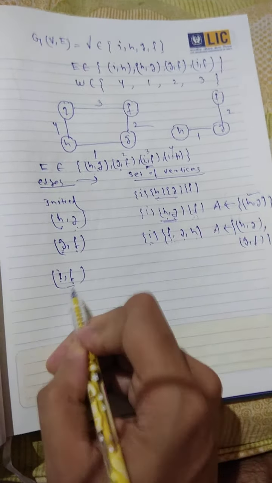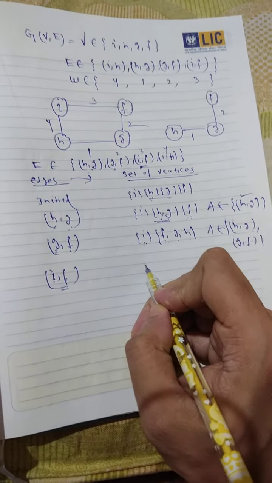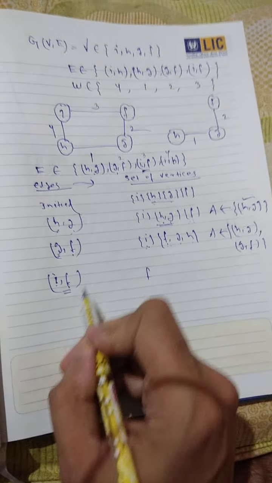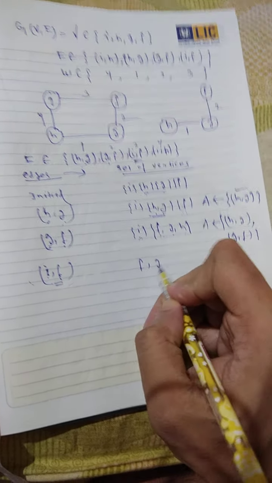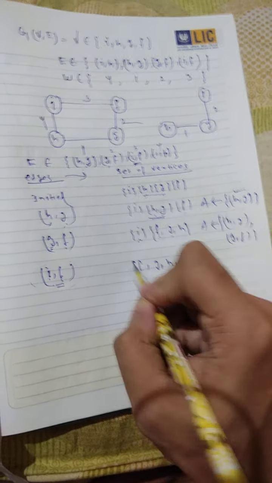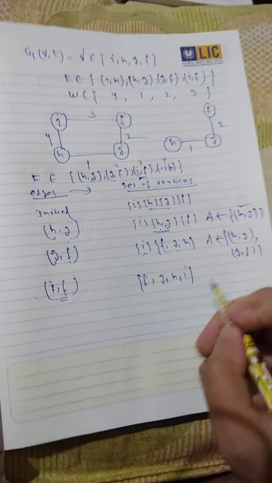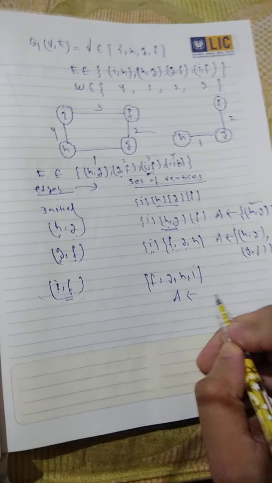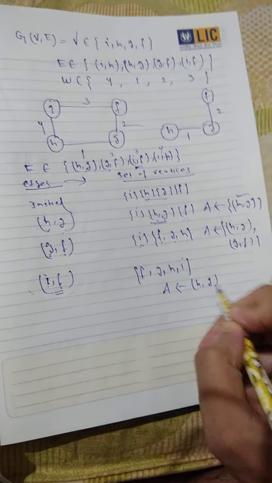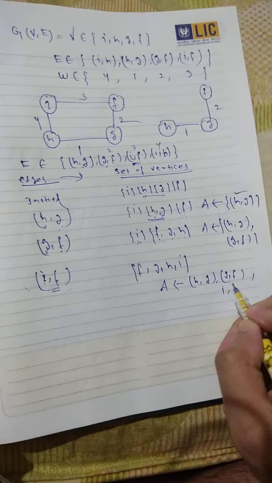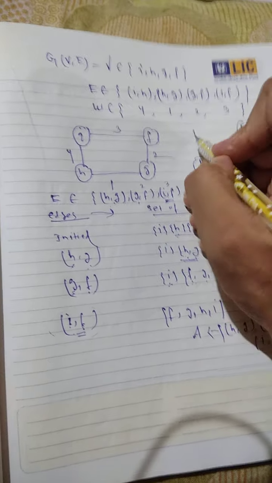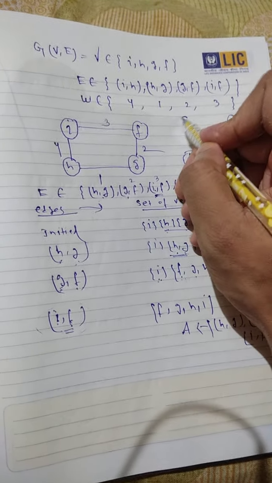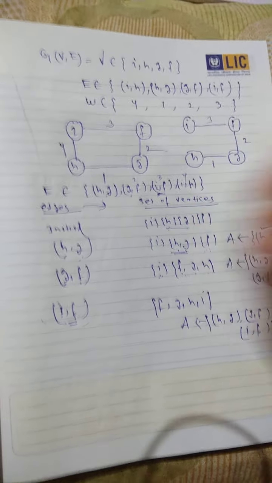That means for IF, if find set u is not equal to find set v, then the union operation will be performed, and the solution set contains HG, GF and also IF. These edges are also there.